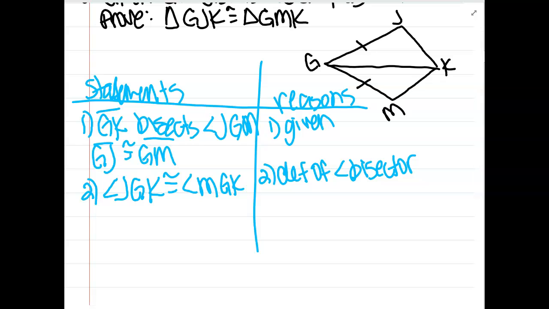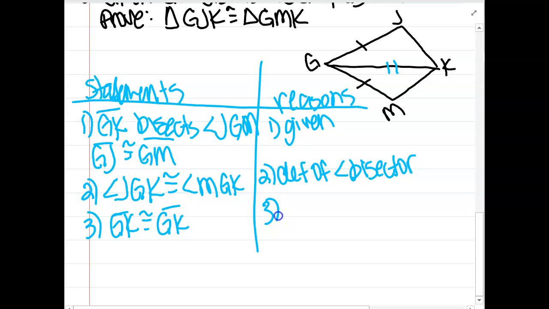So now I have a side and an angle. I need this side right here as well. Okay? What's your next statement going to be? Very good. GK is congruent to GK. How do I know GK is congruent to GK?